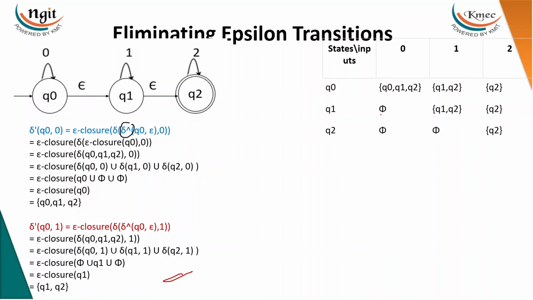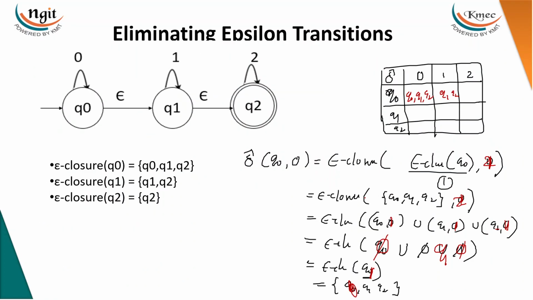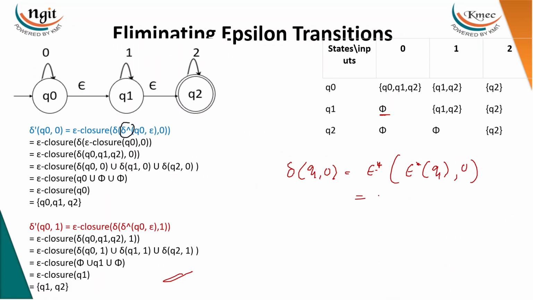For example, if you want this, let me take it. So epsilon closure of Q1 comma 0. I'll write like this, epsilon closure of Q1 comma 0. So what is epsilon closure of Q1? You can take it Q1 comma Q2. Then you can write epsilon closure of Q1 comma Q2 comma 0.